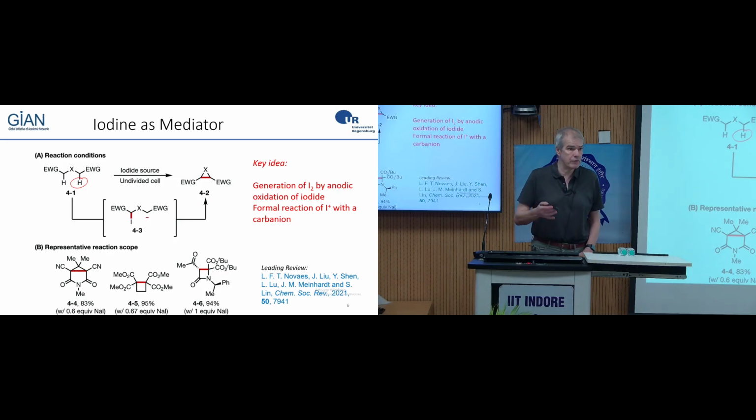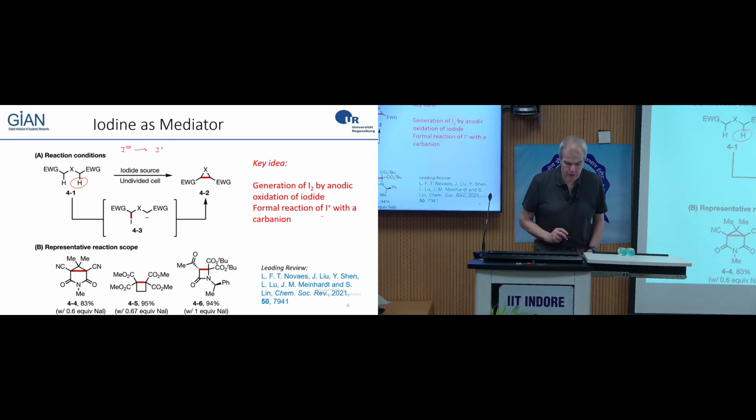And we have seen in the photocatalytic reactions that you can oxidize these type of anions by photochemistry to make radicals, right? And in the same way, you can also make the anion here, but then again, you make iodine plus from iodide, so again the same idea, iodide goes to iodine plus.